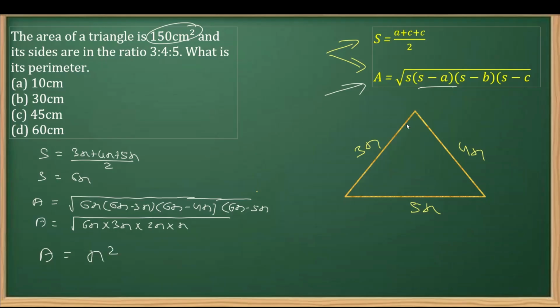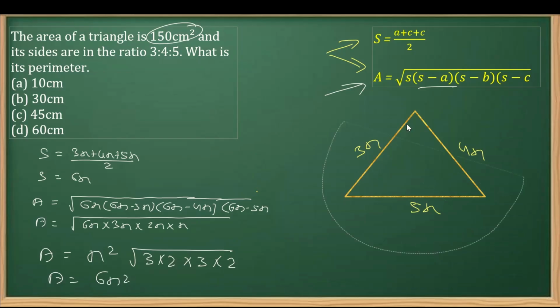Looking at the other numbers, 6 is 3 into 2. The square root of 9 is 3 and that of 4 is 2. So it is under root 36, which is 6 only. So we got 6x squared as the area.